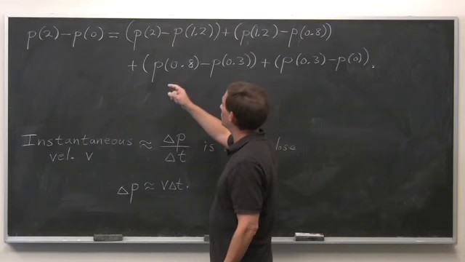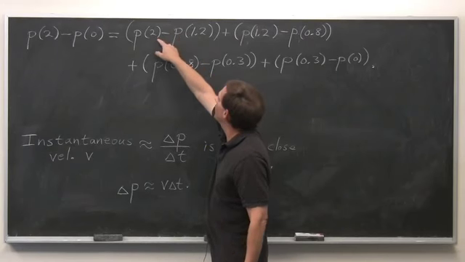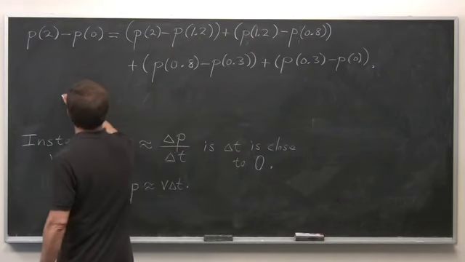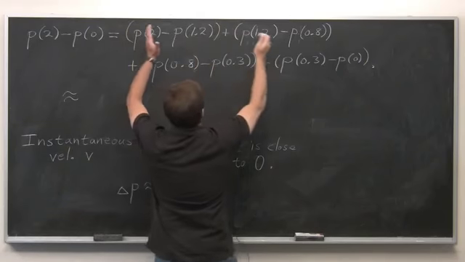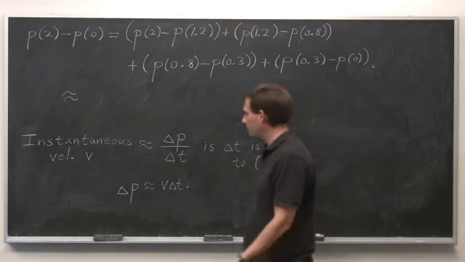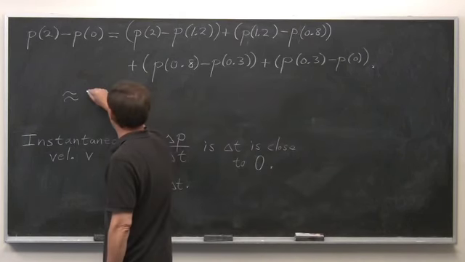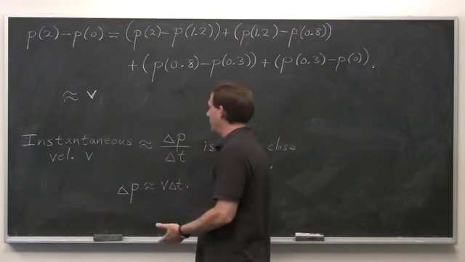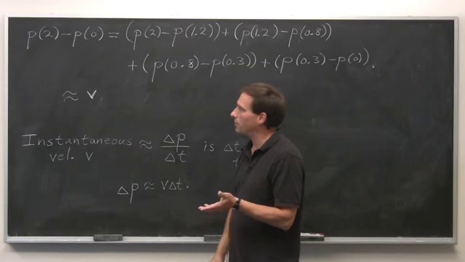But this is the approximation that we're going to use, and we use as small a time interval as we can, and that's why we split the sum up this way, because now each of these smaller summands is approximately equal to the velocity at a given time times the change in time. At what time?